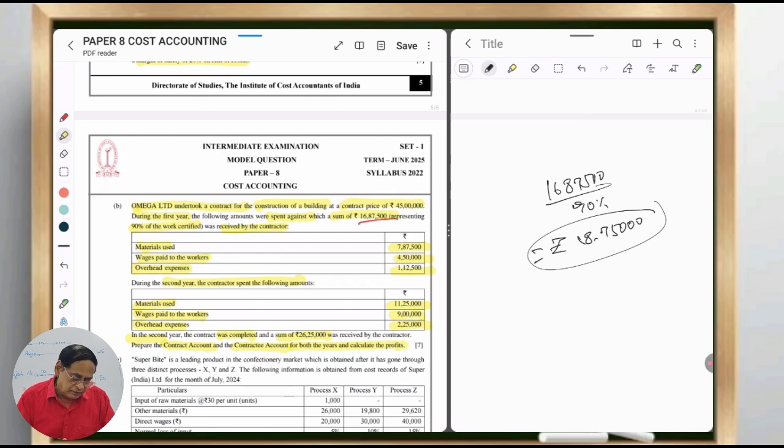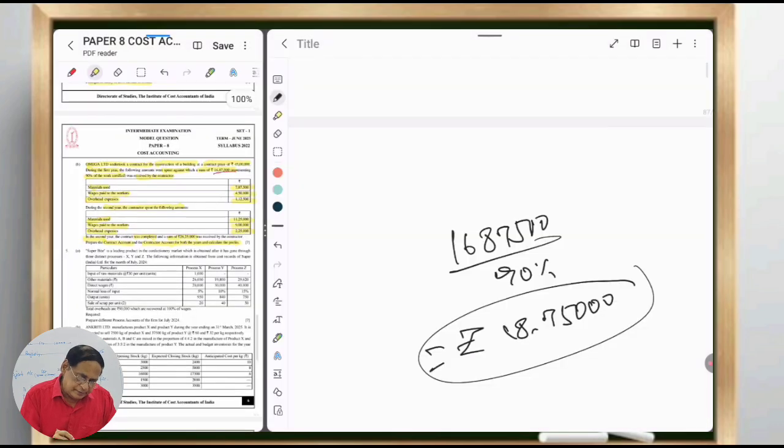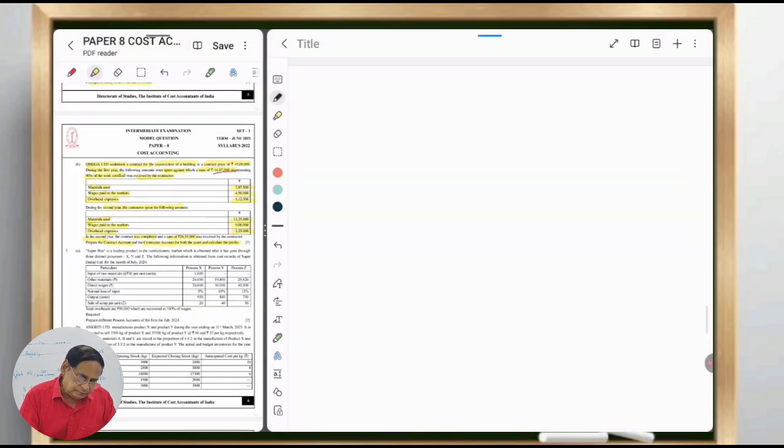Let's prepare the contract account. The contract account at the first year end.